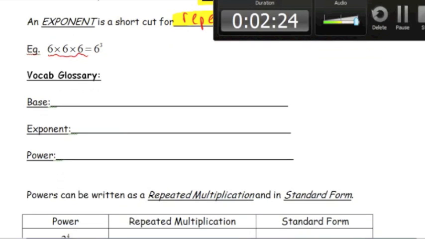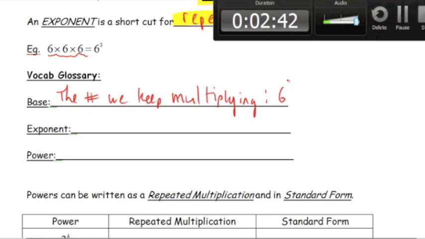Some vocab to put in your glossary here. The base is the number we keep multiplying. In the above example, that would be 6. The exponent is how many times we multiply it, or how many times to multiply.